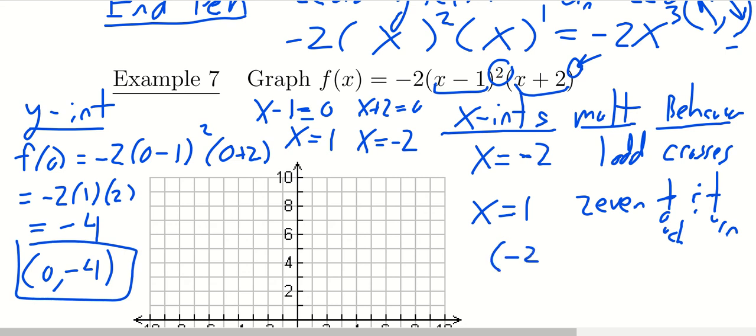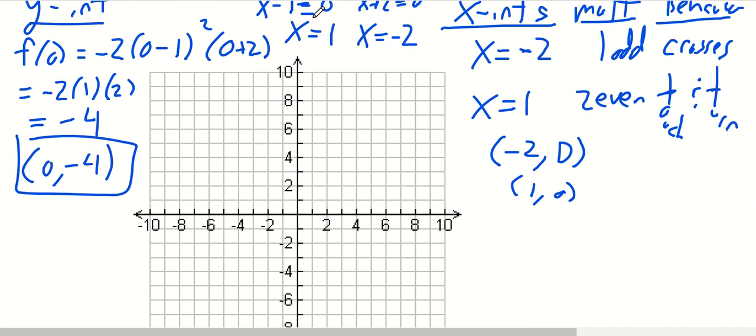We already have our two x-intercepts, negative 2, 0, and 1, 0. Let's go ahead and plot those. Negative 2, 0 is here. 0, negative 4 is here. 1, comma, 0 is here.